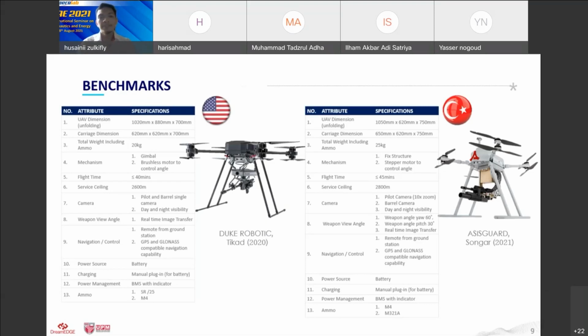So this is the benchmark. The specification, as we mentioned here, is around the specification of the heavy drone, and the criteria that involve the drone itself, for example the camera, the weapon, the angle, the gimbal system for maneuverability, and many others.